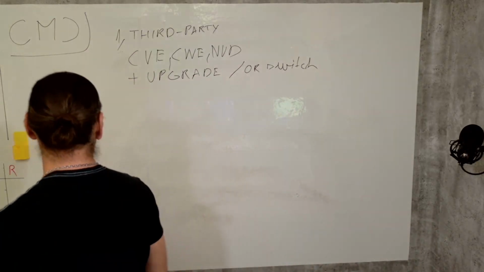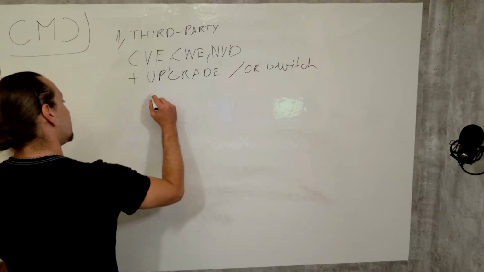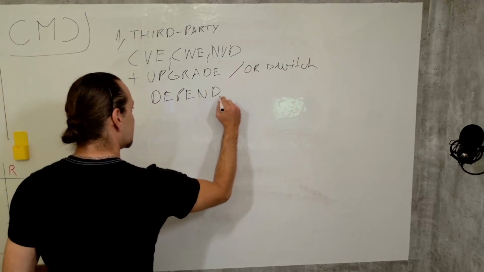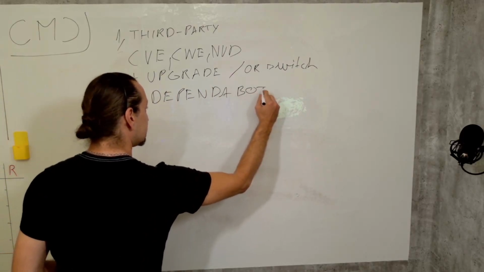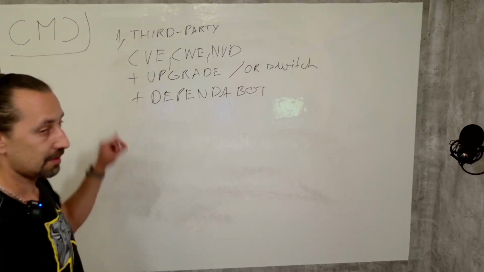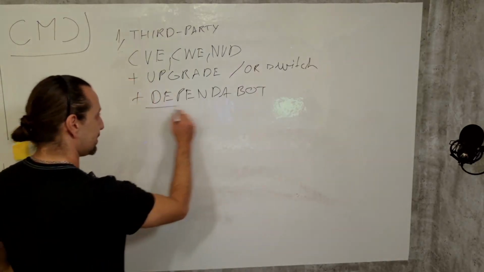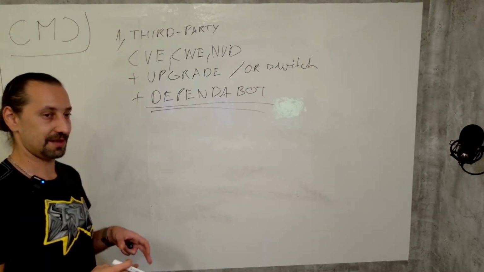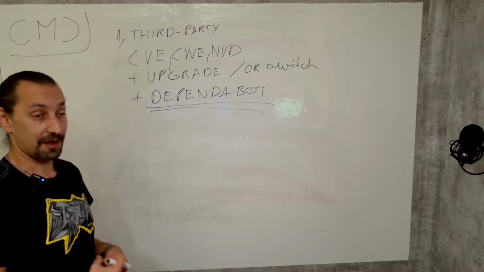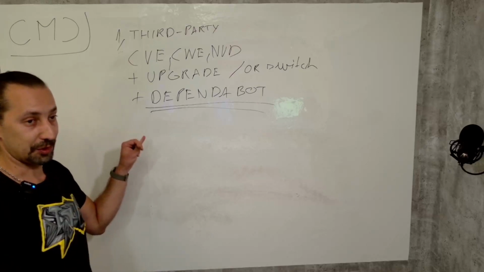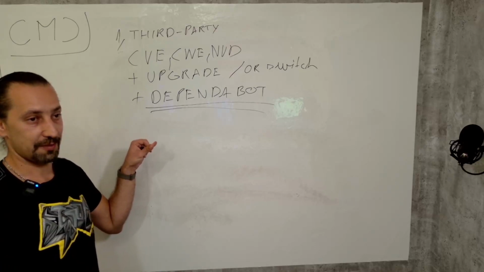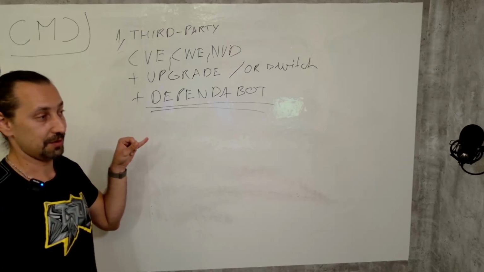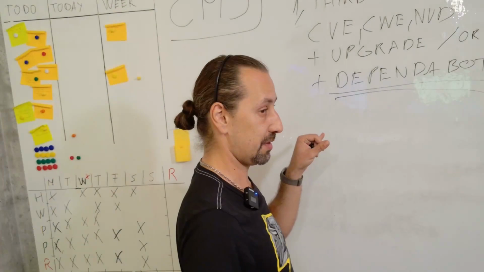There is a tool called Dependabot, which will check your software for CVEs, and if there is an upgrade for a package, it can automatically create a pull request with the upgraded package configurations.